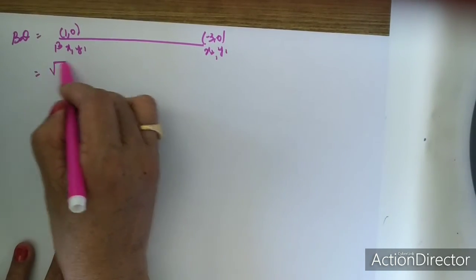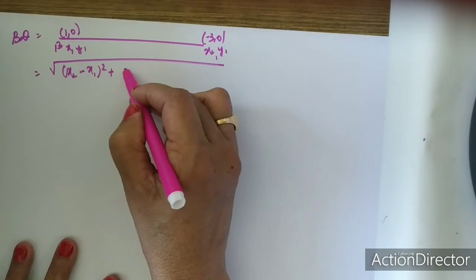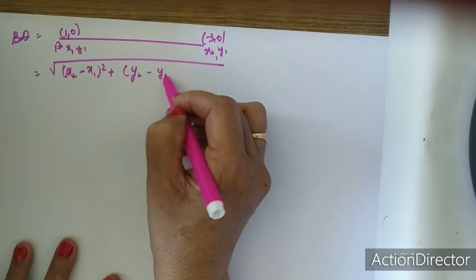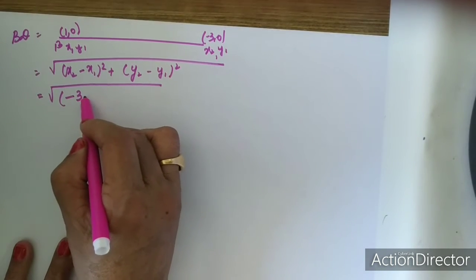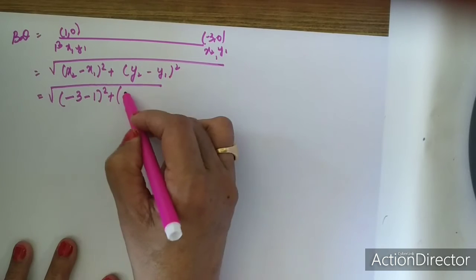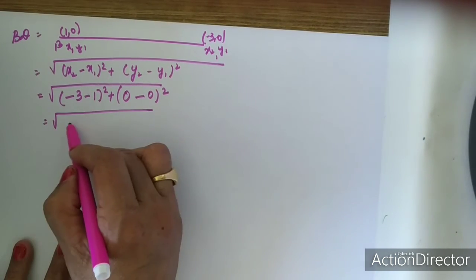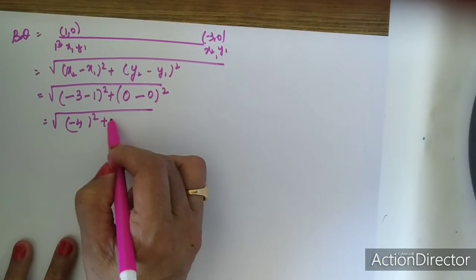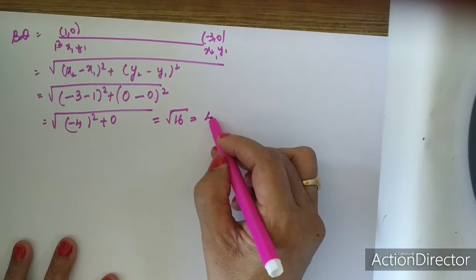So this is under root of (x2 minus x1) whole square plus (y2 minus y1) whole square, which is equal to under root of (-3 minus 1) whole square and here (0 minus 0) whole square. This is equal to (-4) whole square plus 0. This is root 16, which is also equal to 4.